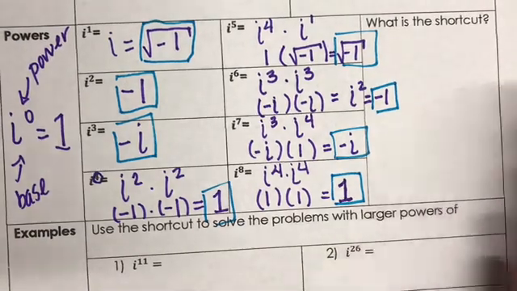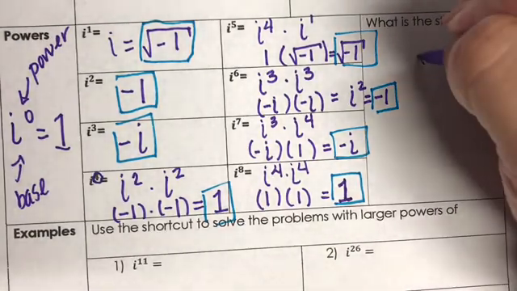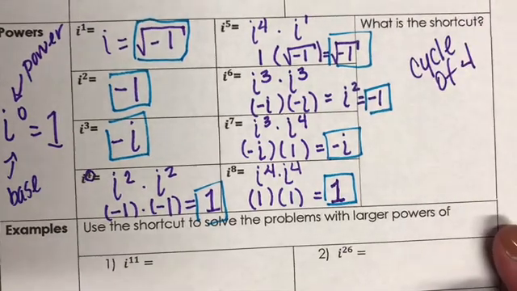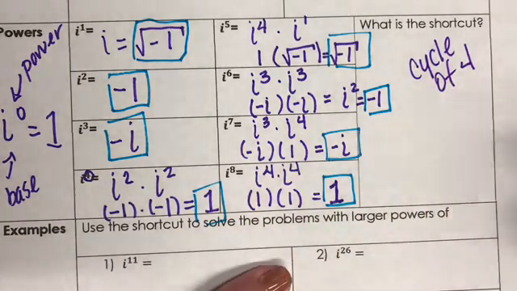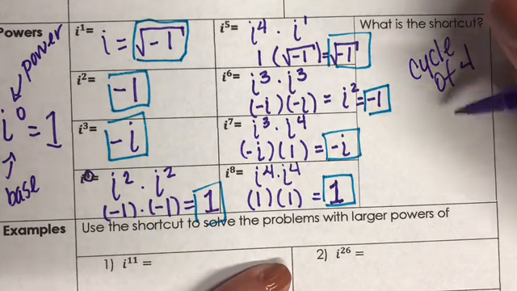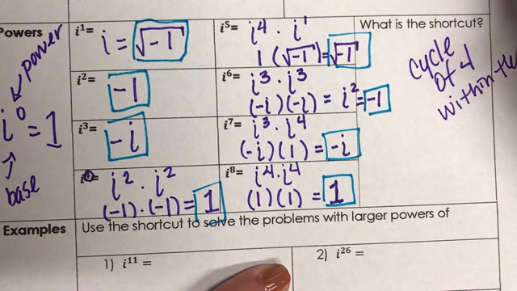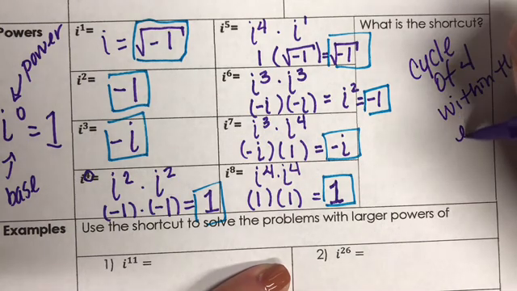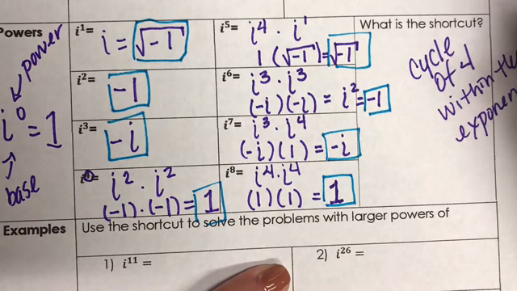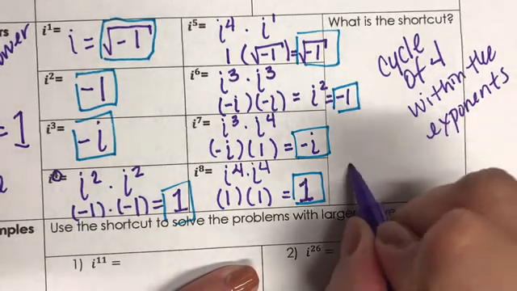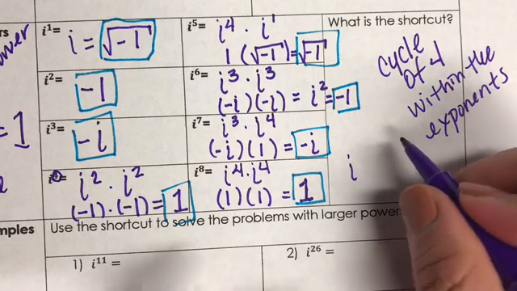What is the shortcut? The shortcut means that there is a cycle of 4 within the exponents. So let's just say I had i to the 12th.